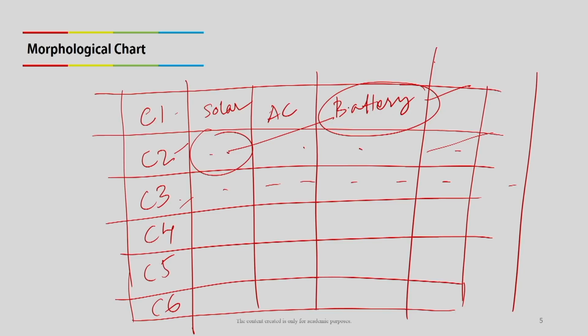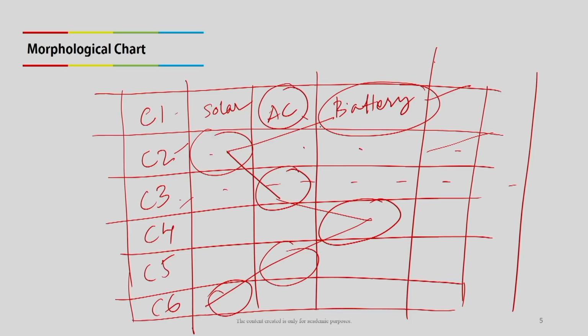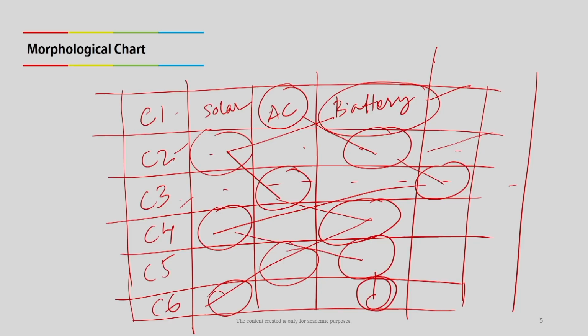You can take this option with this. So, this can be one concept. Similarly, you can create different kinds of concepts. So, in morphology, for each component you generate different ideas and then combine them.